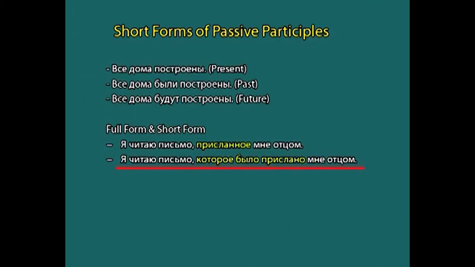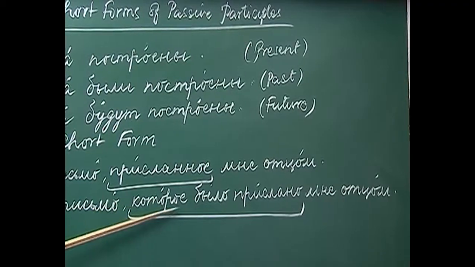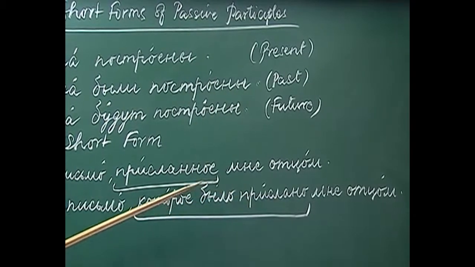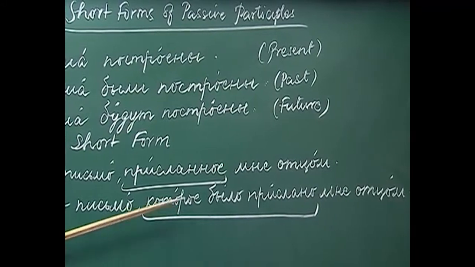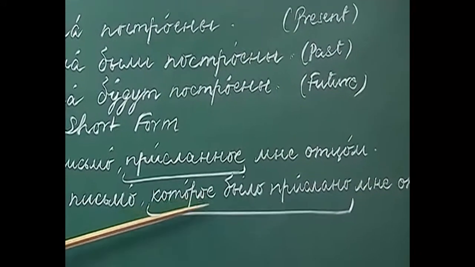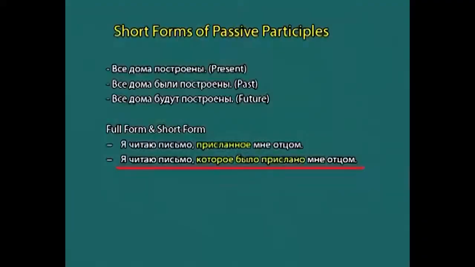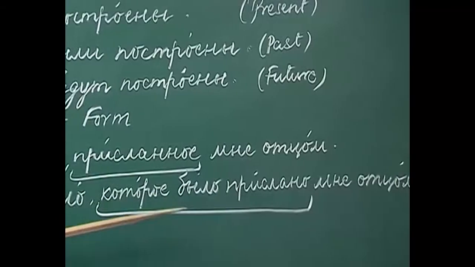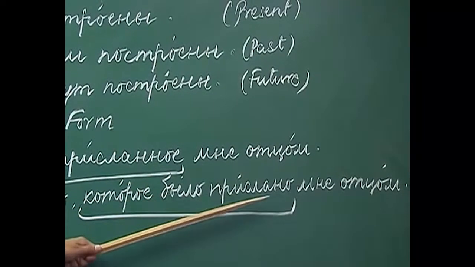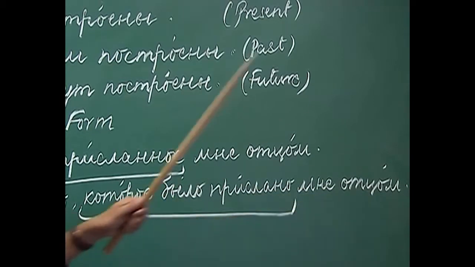Ya chitayu pismo katore bila prislanna munya atsom. So, here as you can see we are using the short form along with the word katore in the appropriate form, and the rest of the things remain the same. So, ya chitayu pismo katore bila prislanna. So, which was sent to me by my father.